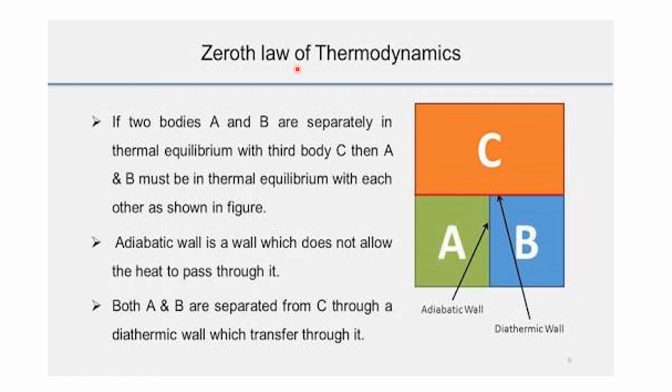So here, you can see, if two bodies A and B are separately in thermal equilibrium with a third body C, that is, body A is in thermal equilibrium with body C, and body B is also in thermal equilibrium with body C, then definitely A and B must be in thermal equilibrium with each other.